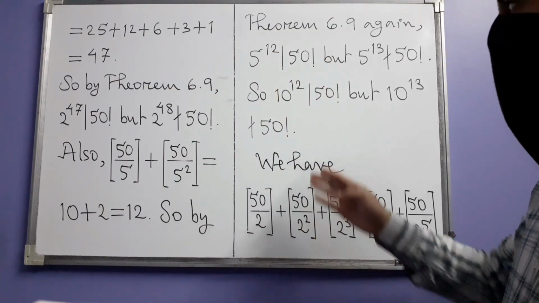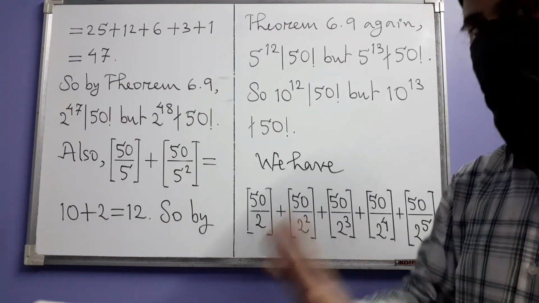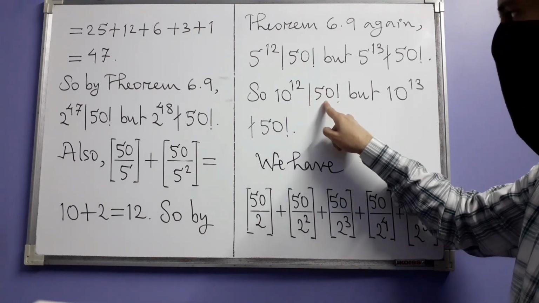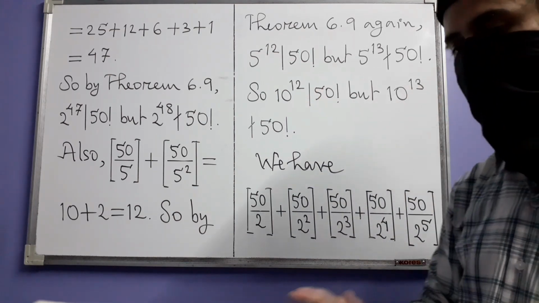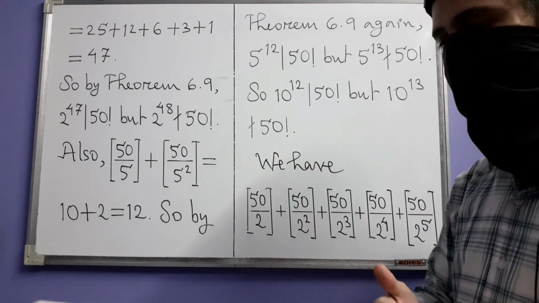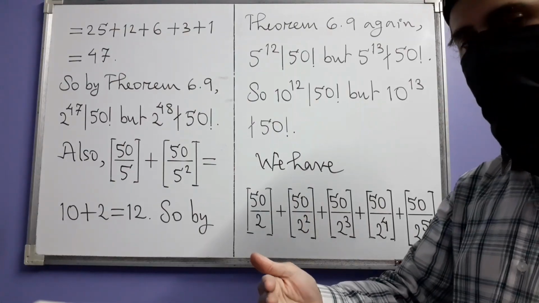So that is why you are only able to get 12 10's, not more than that. So that's why 10 to the power 12 divides 50 factorial, but 10 to the power 13 does not divide 50 factorial. And that is why if one really calculates 50 factorial, there will be 12 zeros at the end of it.